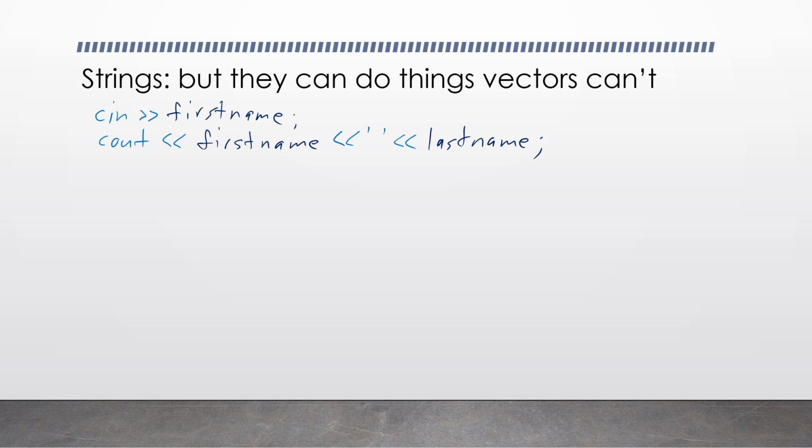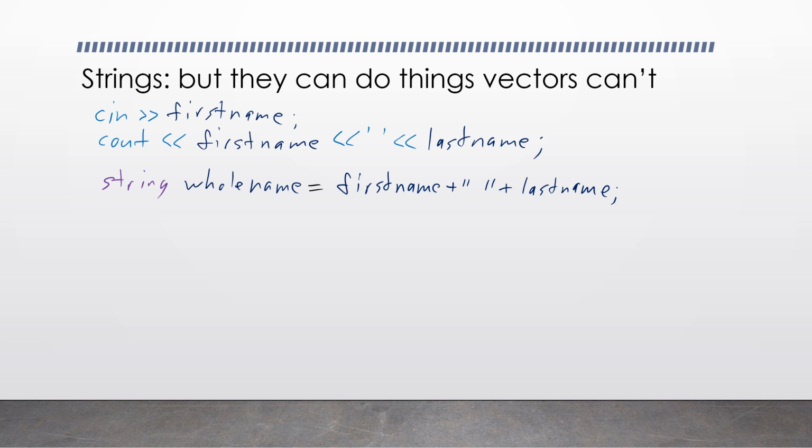Another thing you can do with strings that you can't do with vectors is you can add them. So I can create a new string wholeName. I can use the equals operator with a string. I can do that with a vector too, but a little bit differently. But I can say firstName plus string space plus lastName, and that is valid C++ code, even though you couldn't do that with any kind of array.